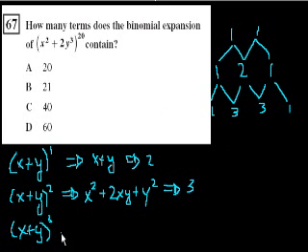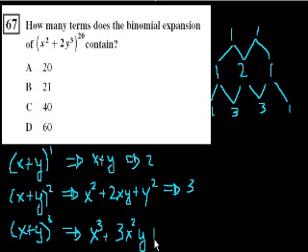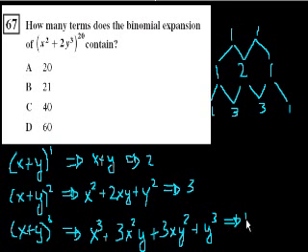And actually, I don't even have to expand it out. I'll do it just for a little practice. It's x to the third plus 3x squared y plus 3x y squared plus y to the third. But when you take any binomial and you take it to the third power, you end up with 4 terms, right?